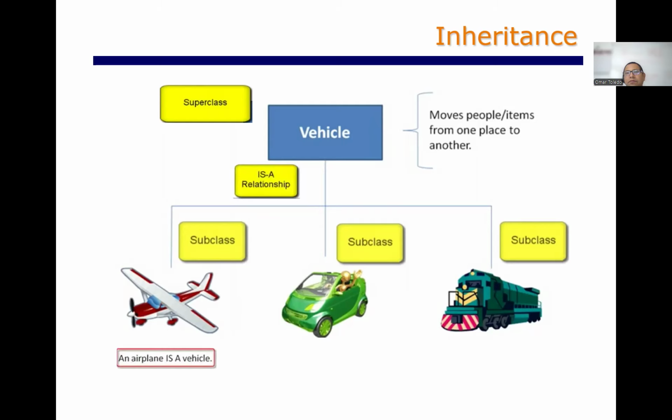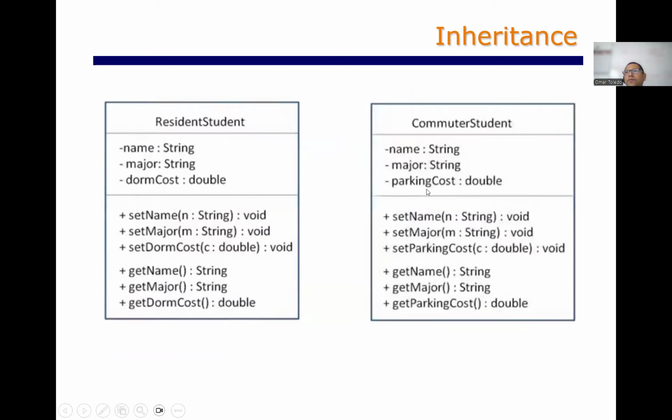The relationship. Okay? So an airplane is a vehicle. A car is a vehicle. A train is a vehicle. They are a vehicle. There is a relationship between the superclass and the subclasses.